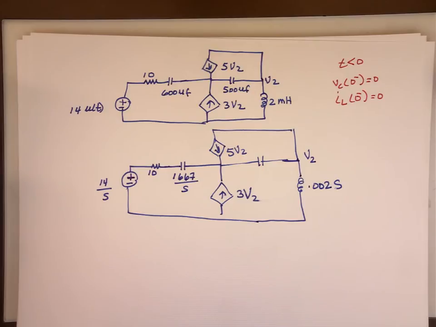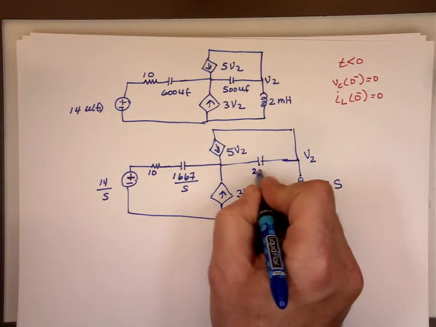And that value 1 over SC, 1 divided by 500 micro, 2000 over S. I just don't like that number.